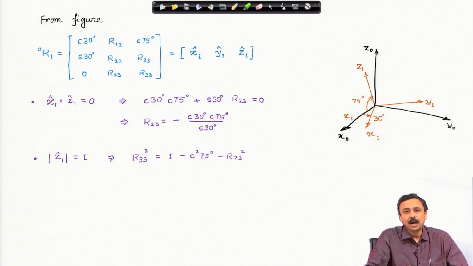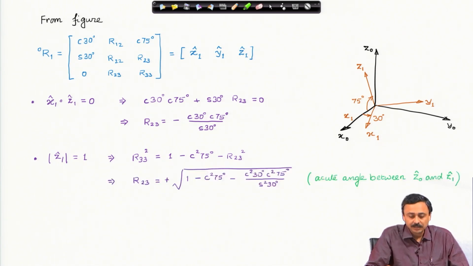What is R33? R33 is the cosine of the angle between z1 and z0, and as per this figure it is an acute angle, therefore, I will take the positive sign.